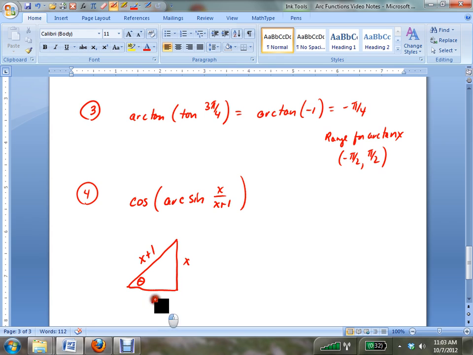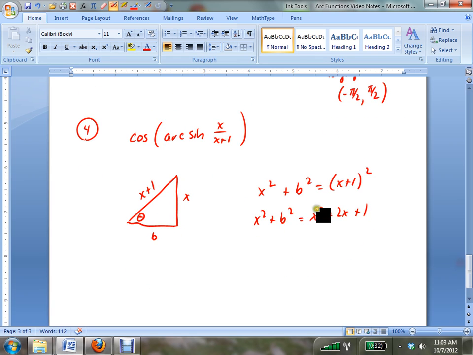Let's call the missing side b, and so x squared plus b squared is equal to x plus 1 squared. Going ahead and expanding this, x squared plus b squared equals x squared plus 2x plus 1. Subtracting x squared from each side yields b squared equals 2x plus 1. Let's take the square root. So b is the square root of 2x plus 1.